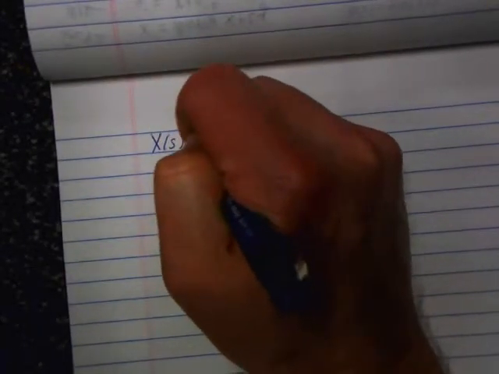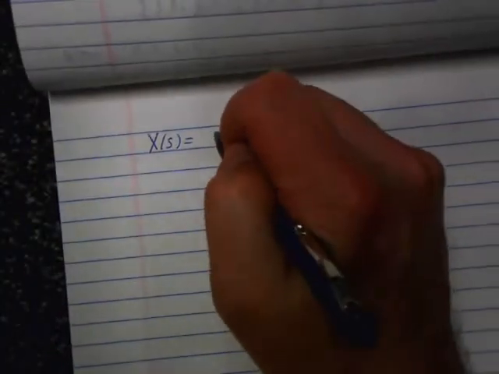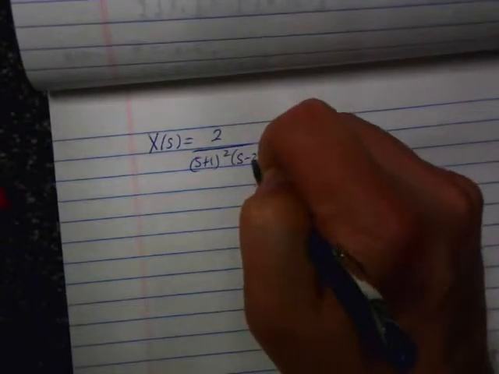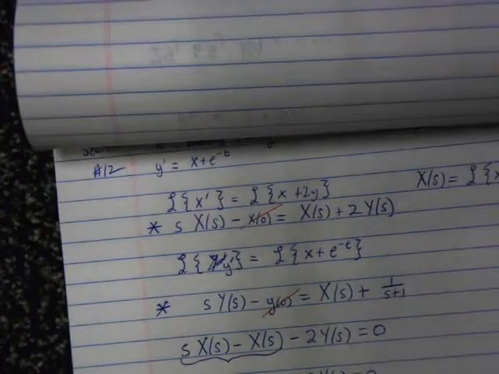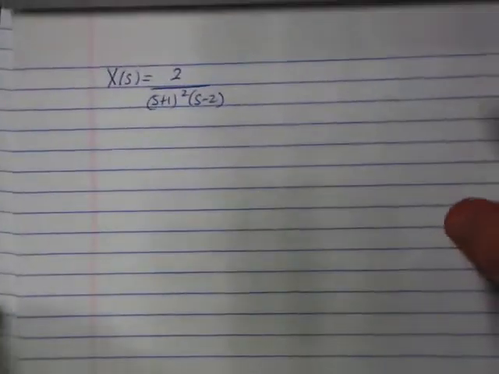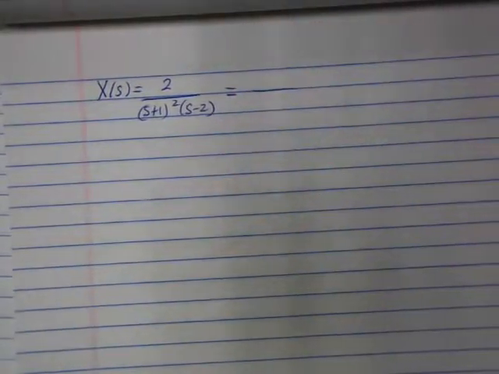All right, so capital X of S turned out to be 2 over S plus 1 squared times S minus 2. How do you split that up using partial fractions?